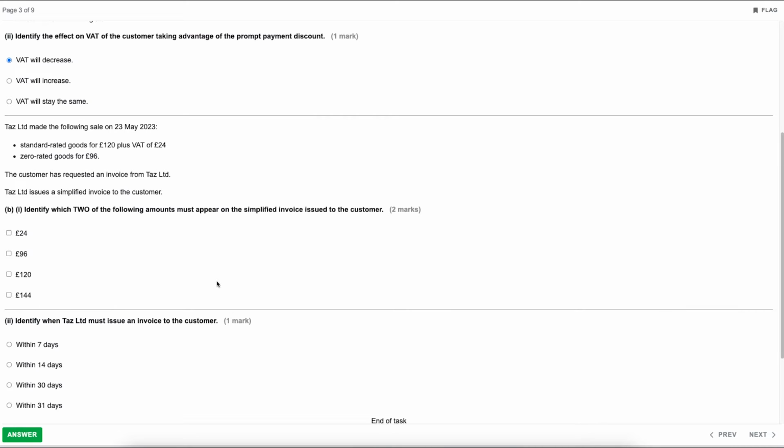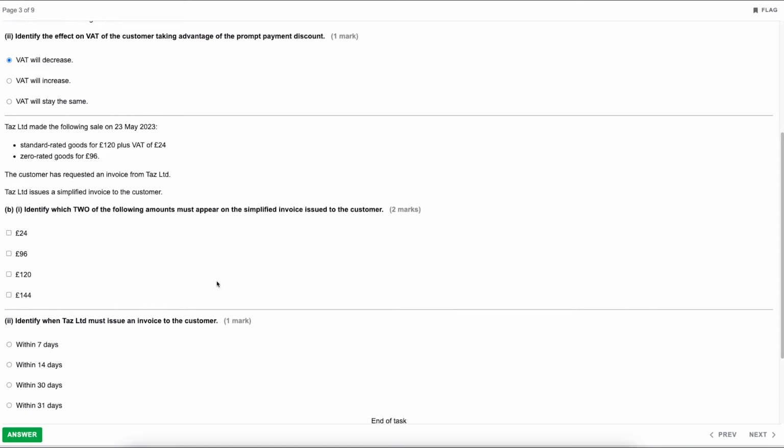Under the rules for a simplified invoice, and it states this in the reference material, we need to show as part of that simplified invoice the total amount owed for each applicable VAT rate. We have two in this scenario: the standard rate and the zero rated goods. So we need to show the total amount, the gross amount, owed for each of those different rates.